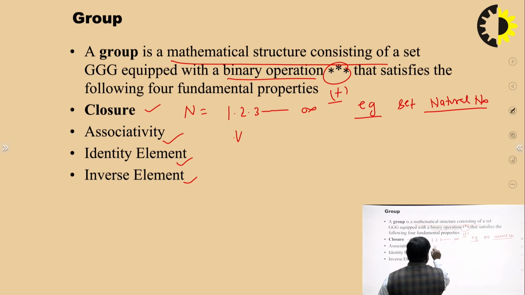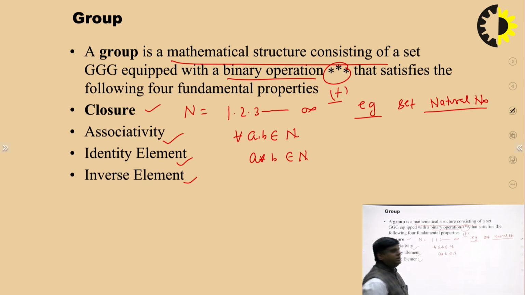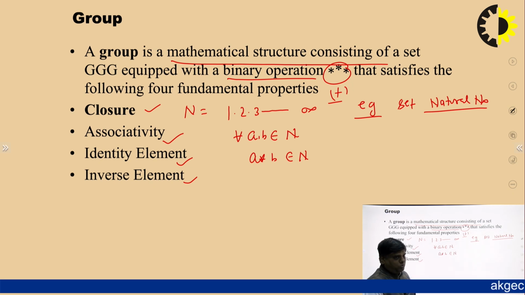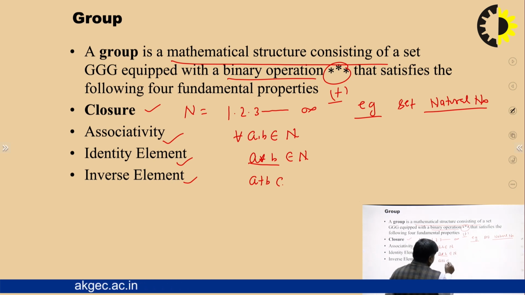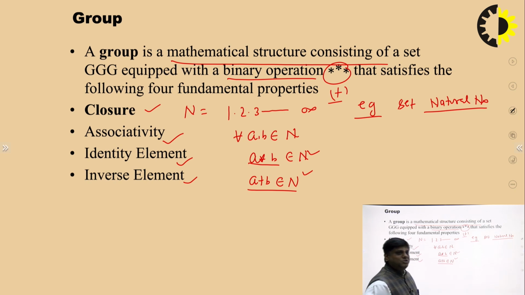It means for every a, b that are elements of N, if we operate and the result is also an element of N, then the set of natural numbers follows the closure property. It means the multiplication of two numbers is also an element of the natural numbers, and a plus b is also a natural number. So we can say that the set of natural numbers follows the closure property.